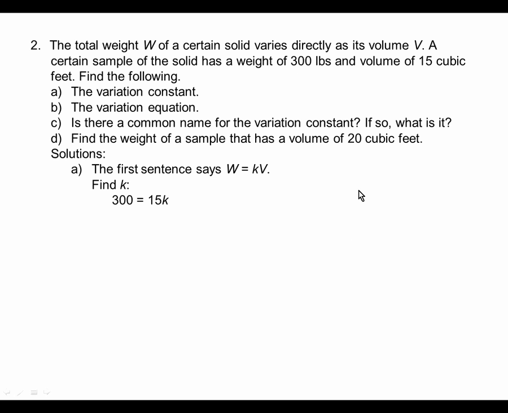So 300 is equal to 15k. To figure out what k is, just divide by 15, right? So 20 is k. Okay, to get part B, replace this k with 20. So W is equal to 20V. That's your variation equation.